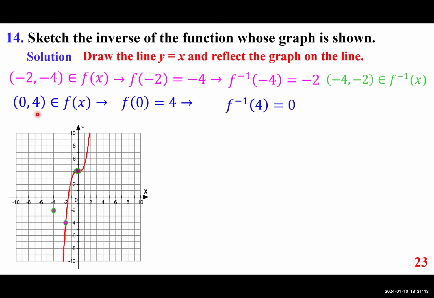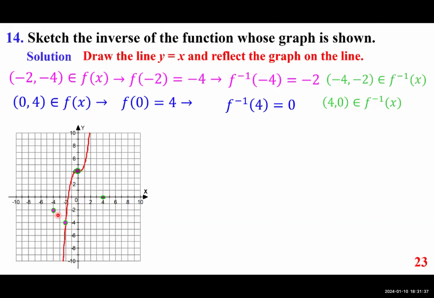Which means 0, 4 results in 4, 0 as a point for f inverse. So the y-intercept for f of x corresponds to the x-intercept for f inverse, which is 4, 0. We got one more point.